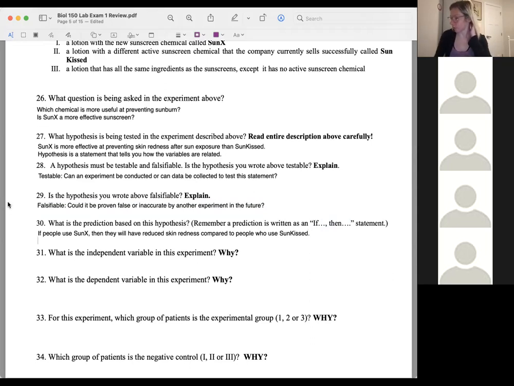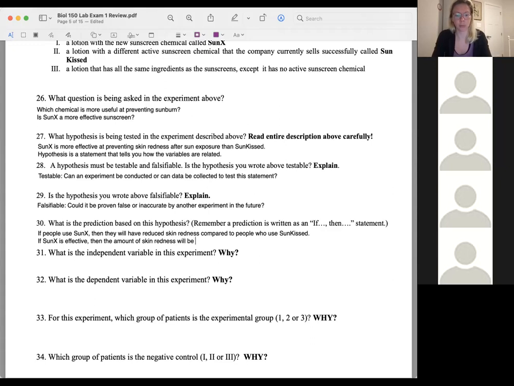Does anyone have another one that they want to share? Ooh, Anne, I like that one that you wrote. If the amount of redness is low, then Sun X will be effective. I think you need to switch those phrases. So put the last one first. So if Sun X is effective, then the amount of skin redness will be lower.